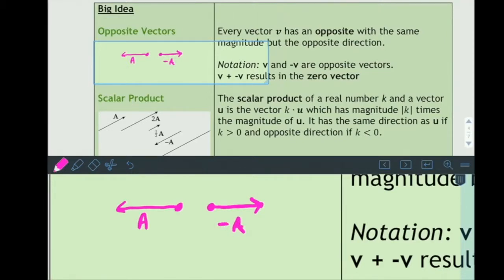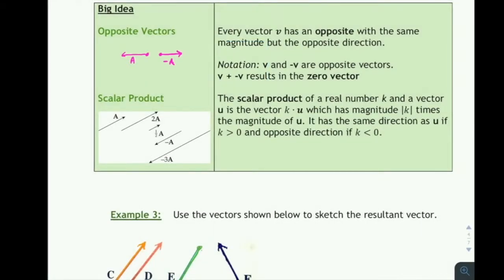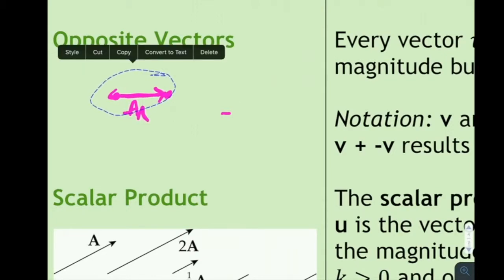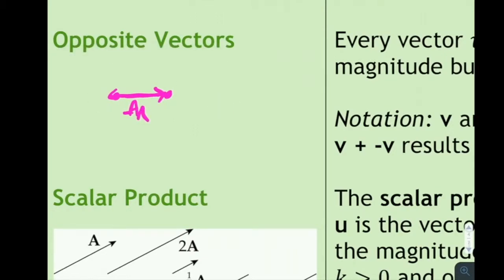If you add them, you get the zero vector, because you end up back where you started. The resultant's nothing.